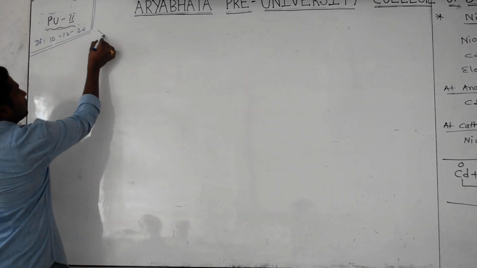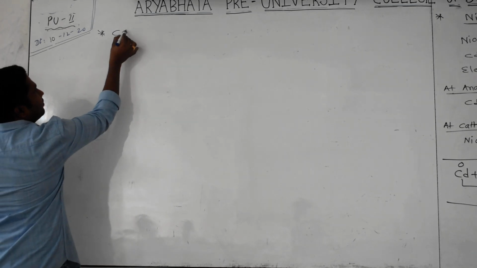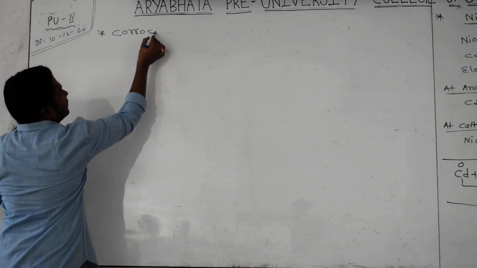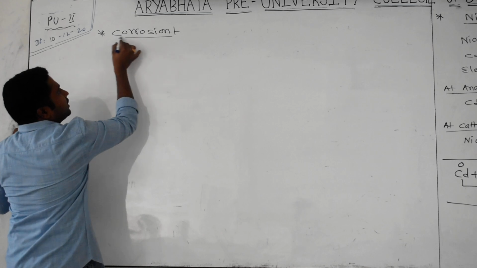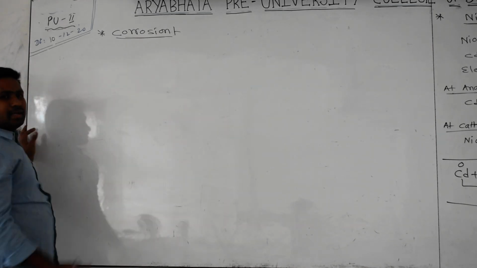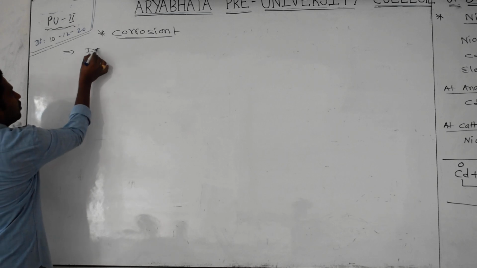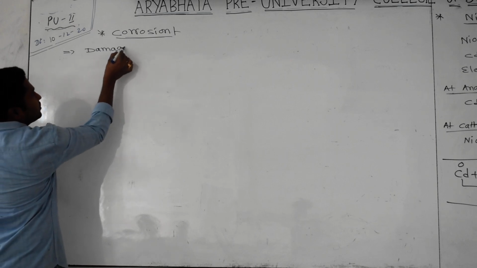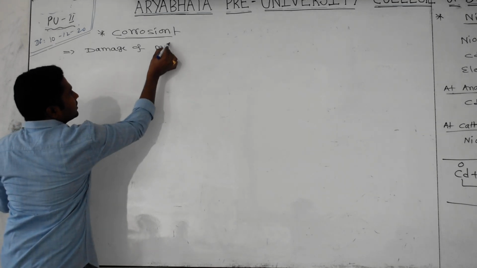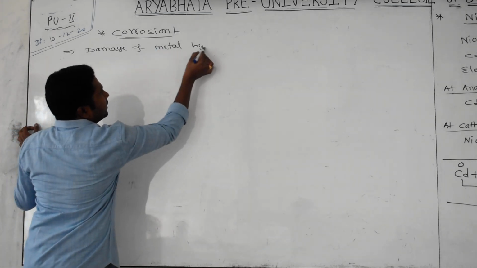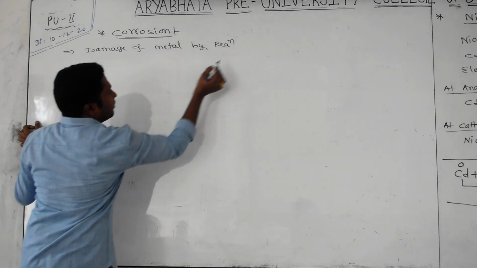Now, we are discussing one of the important concepts, which is corrosion. Corrosion is nothing but damage of metals, which we indirectly call rust. Corrosion is damage of metals by reaction with which one?